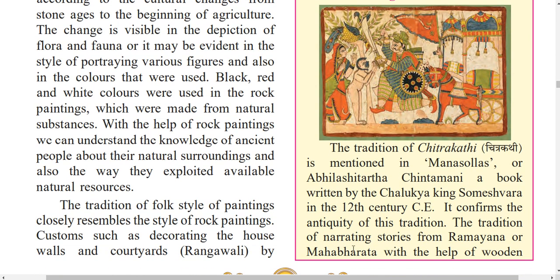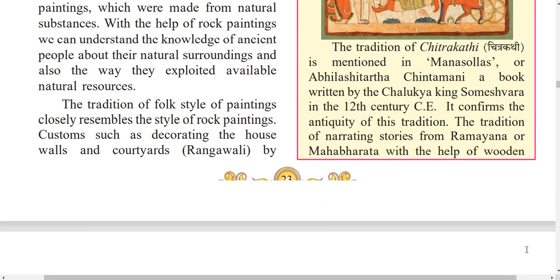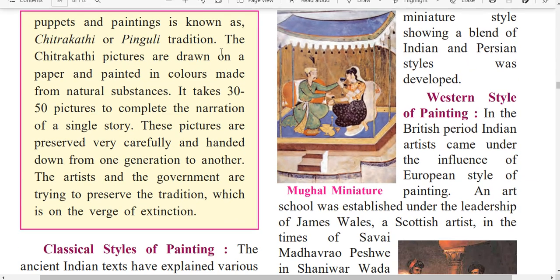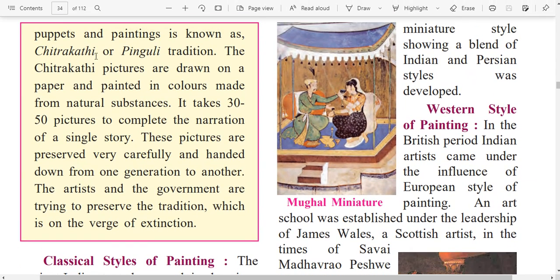The tradition of narrating stories from Ramayana or Mahabharata with the help of wooden puppets and paintings is known as the Chitrakathi or Pinguli tradition. The Chitrakathi pictures are drawn on paper and painted in colors made from natural substances.